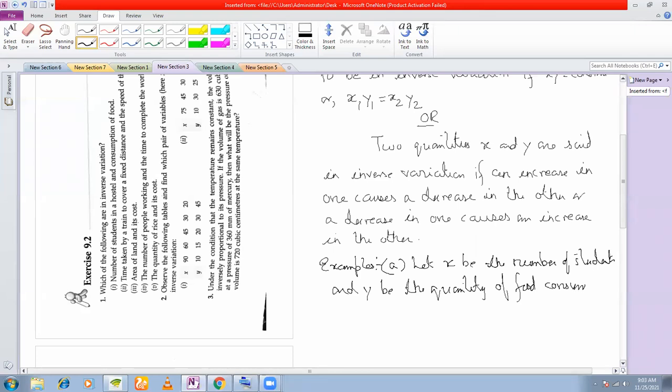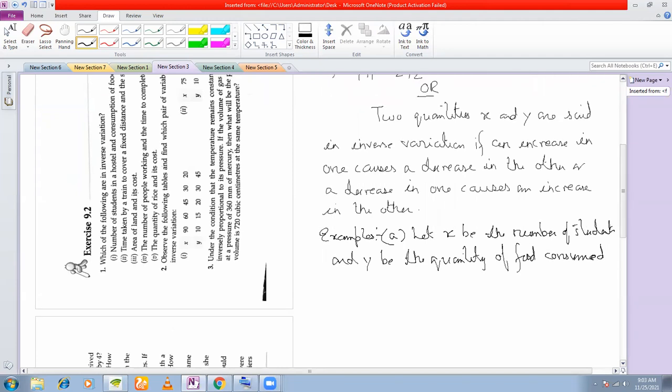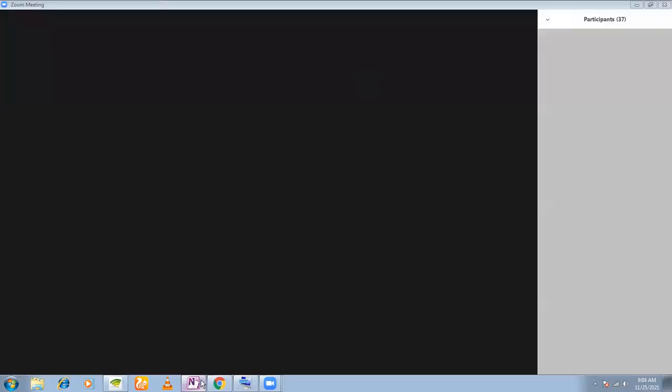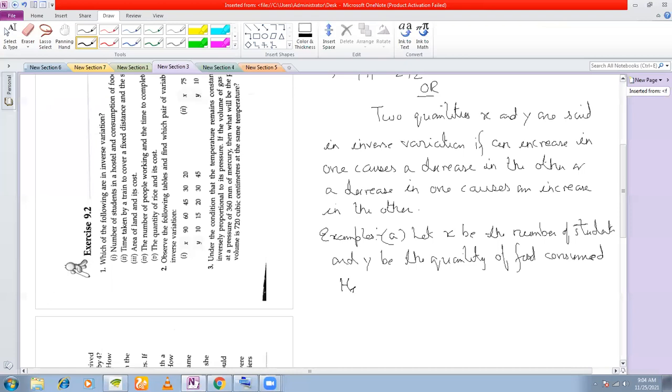Then is this a direct variation or an inverse variation? Can you tell me? It is direct, sir. Okay, so here x and y are in direct variation. Why direct variation? Because if the number of students increases, the quantity of food consumed will also increase, right?